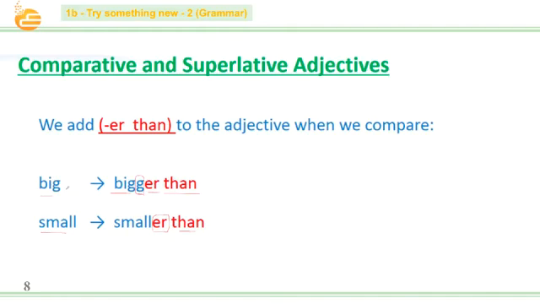If I want to describe one thing, for example, the car is big, but if you have two cars, you want to compare between them two, this car is bigger than this car. Small, smaller between two things. Compare between two things using the adjective.